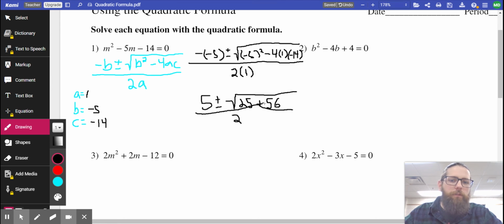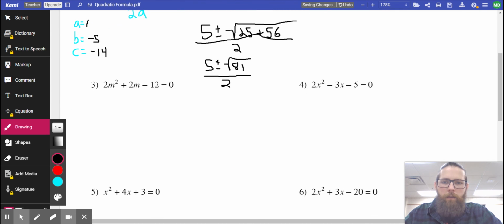So I'll go through one more time and see if there's anything I can make easier. I can see 25 plus 56 is pretty easy, so that'll be 5 plus or minus the square root of 81, all over 2. We know the square root of 81 is going to be 9, so that will be 5 plus or minus 9 over 2.